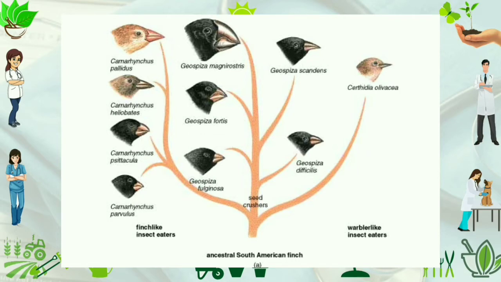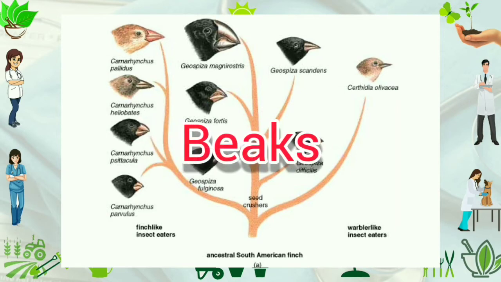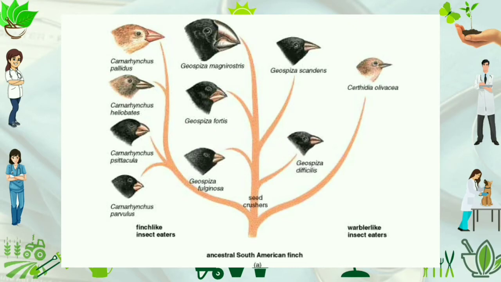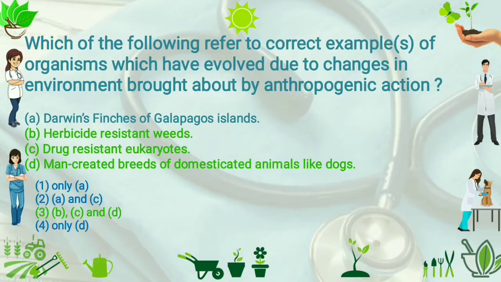These birds were nearly identical to the finches of the mainland, but they developed different types of beaks depending on natural selection over generations until they branched out to make new species. So the answer is the third option, B, C, and D.